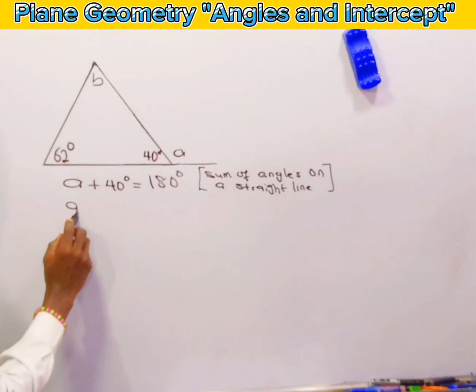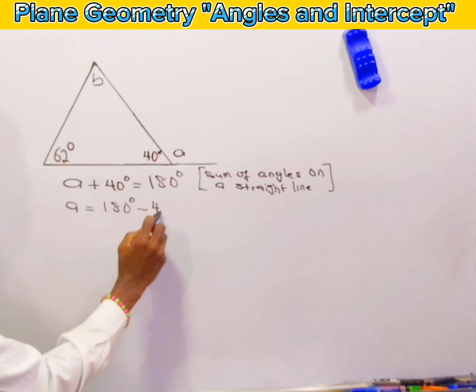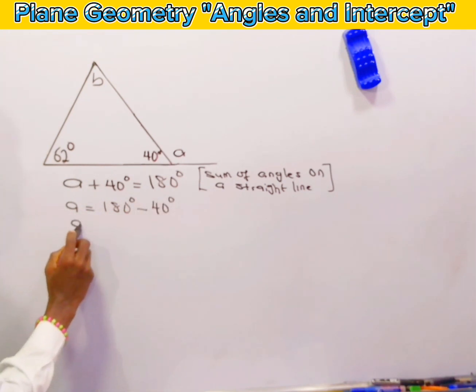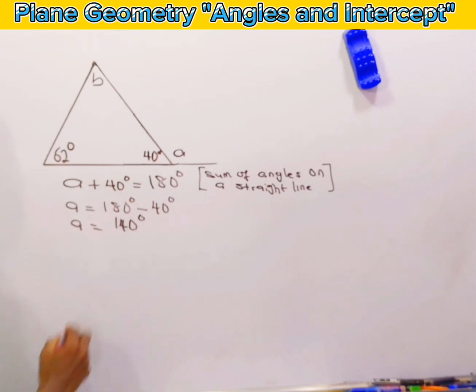Making A subject of the formula, A becomes 180 degrees minus 40 degrees. That makes A equal to 140 degrees.